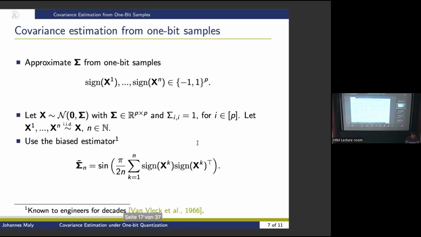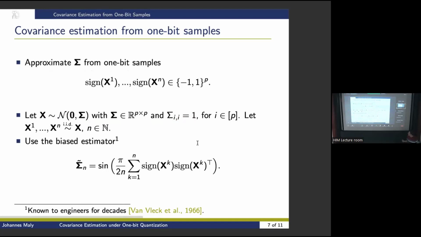Okay, so what do we do? We just copy engineering literature, because there it is well known that in such a setting, you apply this estimator. On first sight, this looks a bit strange. You take the sample covariance matrix of your quantized samples, you rescale it by a different factor. Instead of 1 over n, you use p over 2n, and then you take the sine function of that.